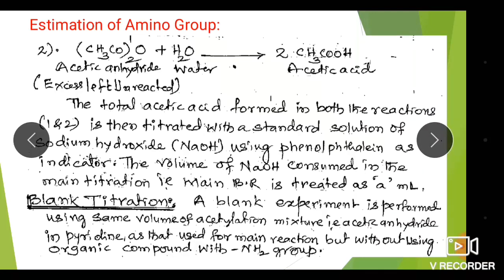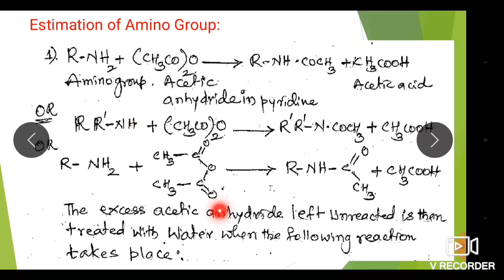Here the acetic anhydride reacts with the amino group. Suppose this amino group is contained in 5 ml or 5 atoms, then it combines with 5 acetic anhydride groups, and acetic acid forms, that is CH3COOH, and the amide forms. So one part of this acetic anhydride, that's the acyl group, gets attached to RNH2.